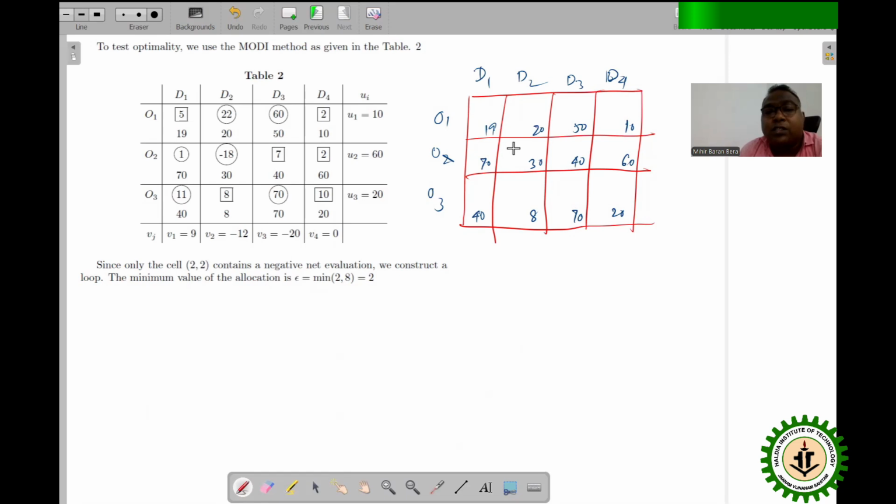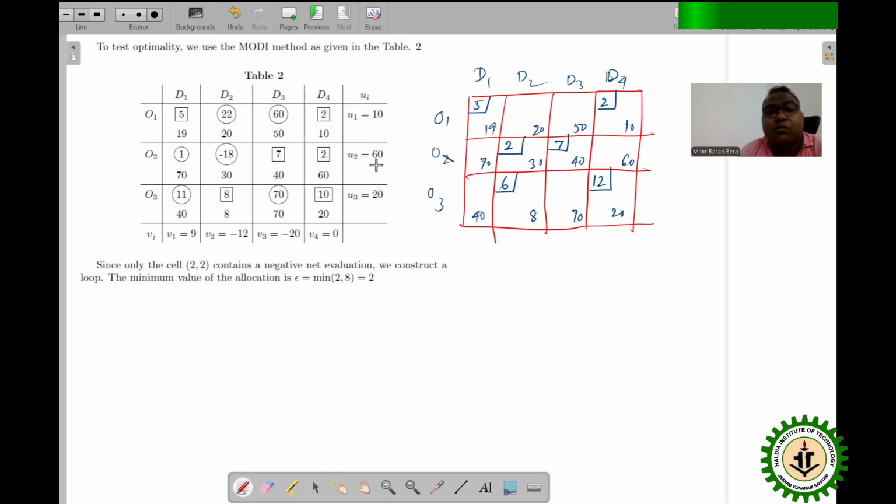The new allocation, as you have seen, will be an allocation of 2 units. So this allocation will not be there. This is your 6 units and this is your 12 units, and all other allocations will be as they are. So this is 5, this is 2, this is your 7, and as it is.